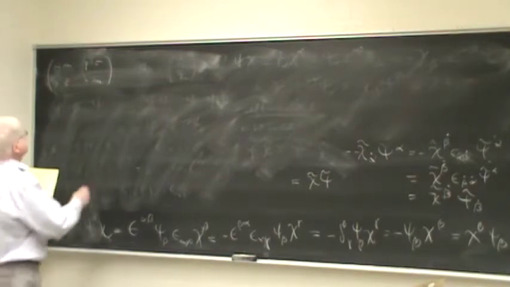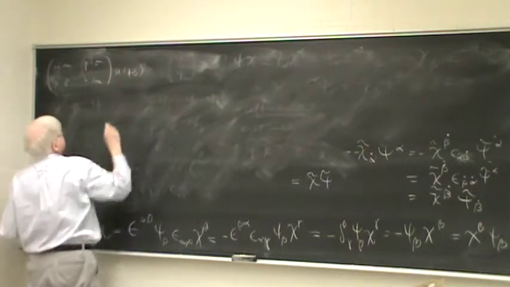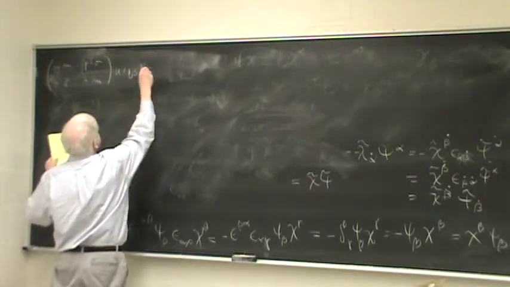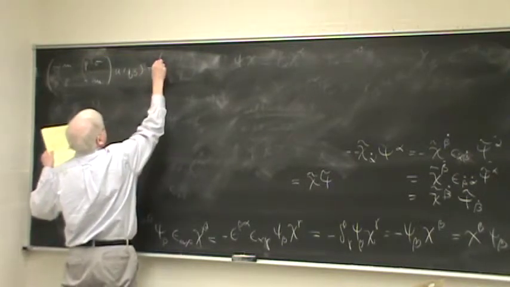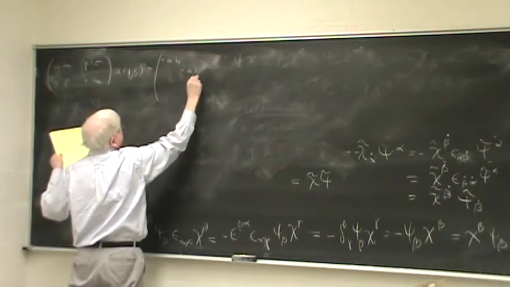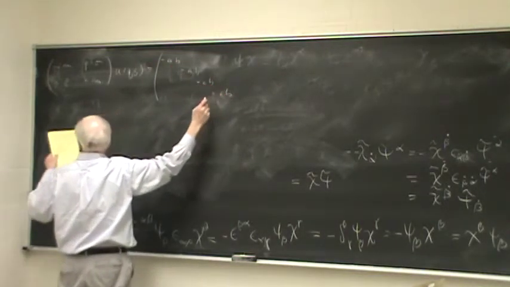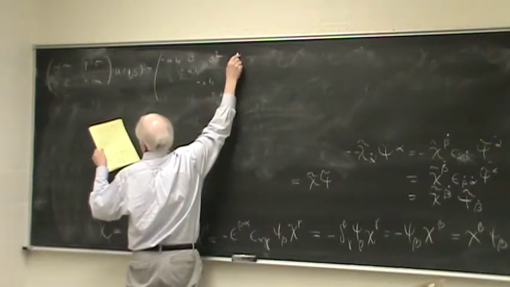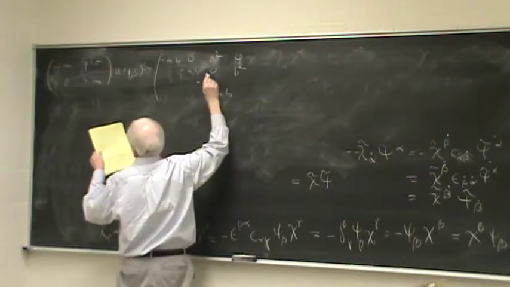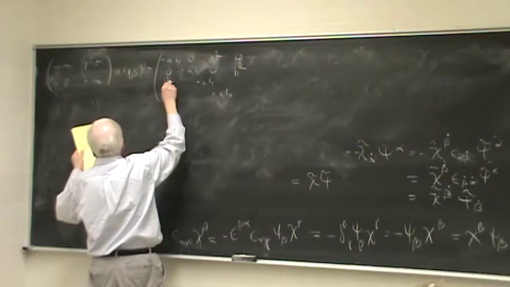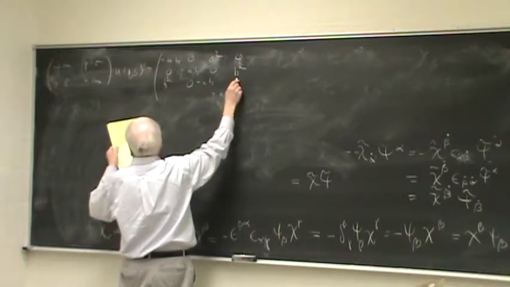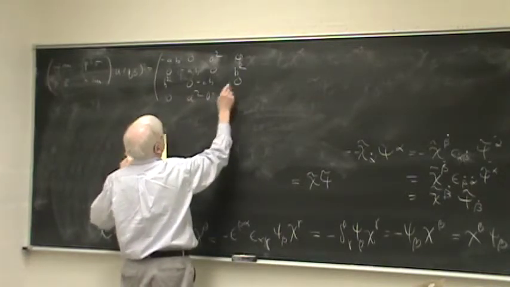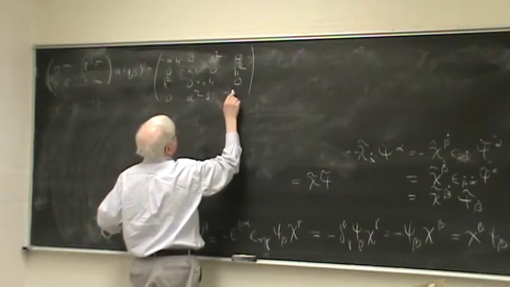Okay, so what is this on U of P and S? So now this is a 4 by 4 U of P and S. This then is a diagonal matrix minus A, B, minus A, B, and then some off-diagonal pieces, so it looks like this, and this minus it.